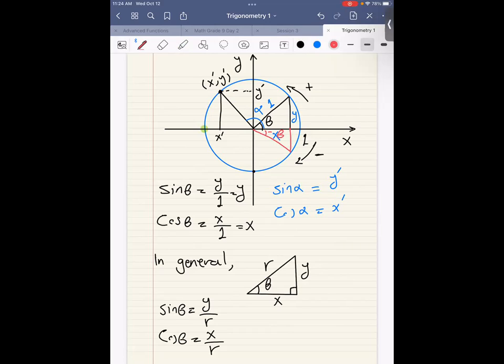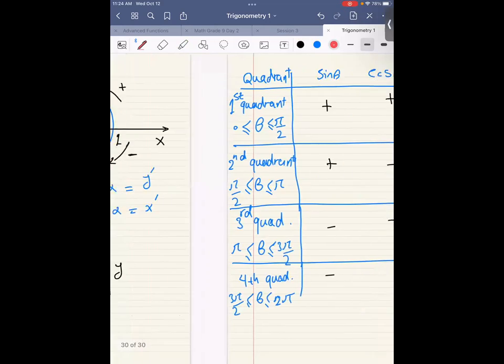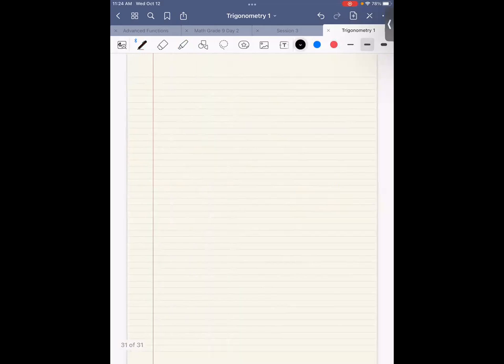So cosine of negative theta, because x doesn't change, is equal to cosine of theta. And you can observe that sine of negative theta is equal to minus sine of theta.